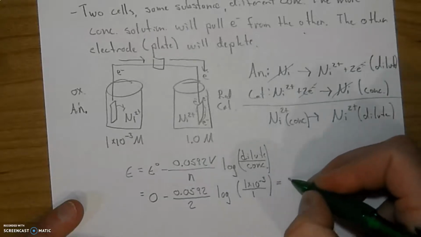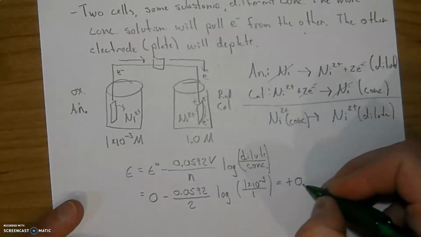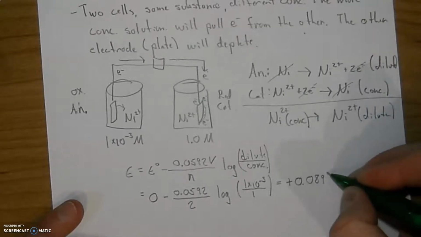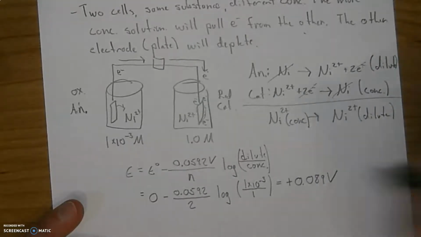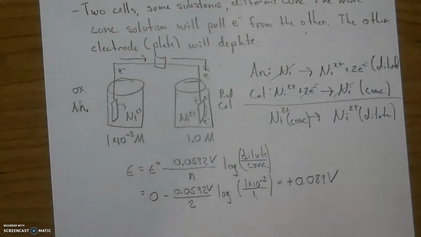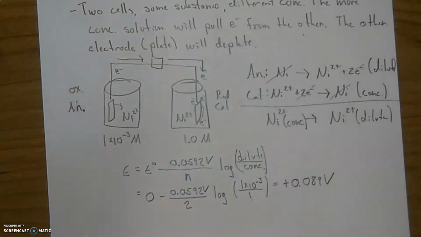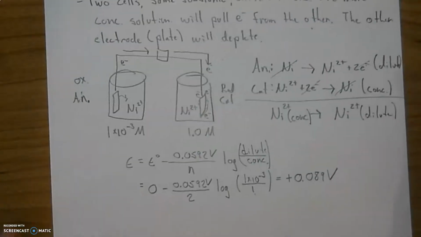If we do the math, we get 0.089 volts. That is our answer. This being positive tells me it is a spontaneous reaction. Any positive voltage indicates that for that particular set of circumstances, the reaction is spontaneous.